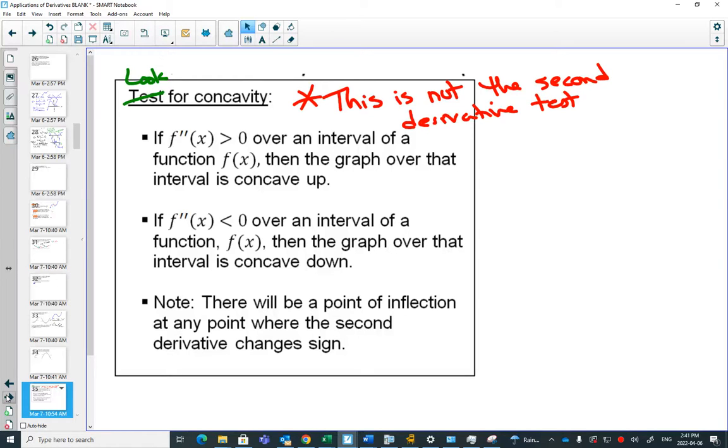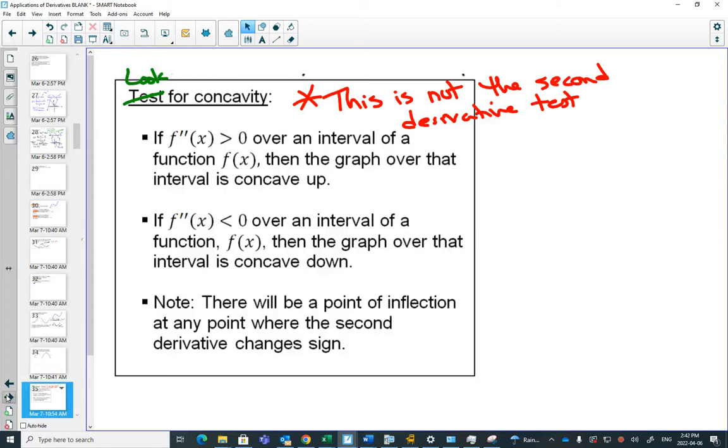Well, it looks for max and mins. So it should be the max and min test using second derivative. That would be way better, right? Max and min test using first derivative, max and min test using second derivative. That's too long.